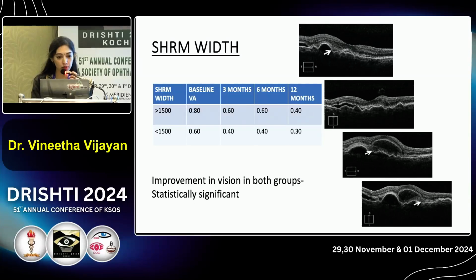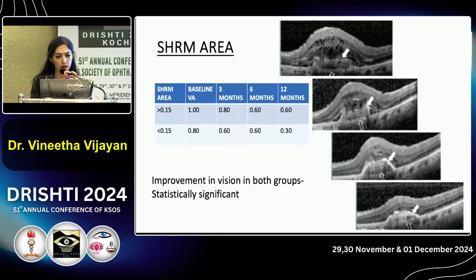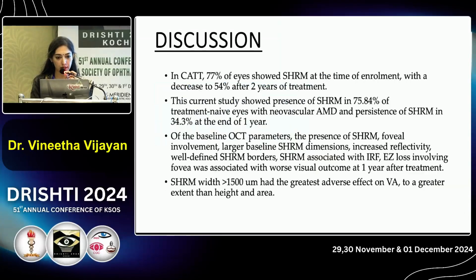The SHRM width again was divided into subgroups, greater than 1500 micrometers and less than 1500 micrometers, and from baseline to 12 months post injection there was improvement in both groups and it was statistically significant. The area again we divided into greater than 0.15 and less than 0.15, and improvement was seen in vision in both groups, and that was statistically significant.